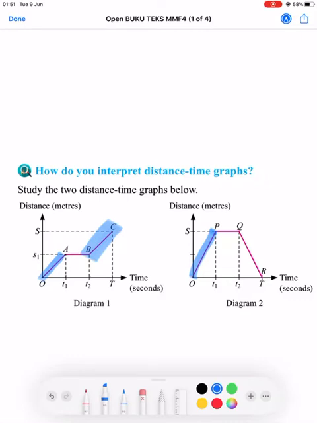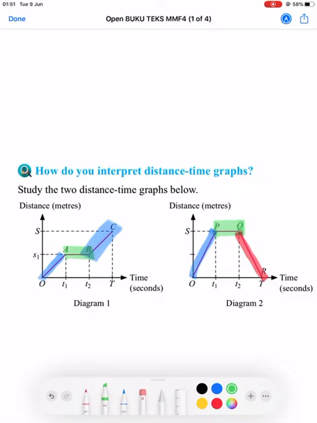So when does the gradient become negative? When the line is going down, for example line QR. When does the gradient become 0? When the line is flat, like line AB and line PQ.